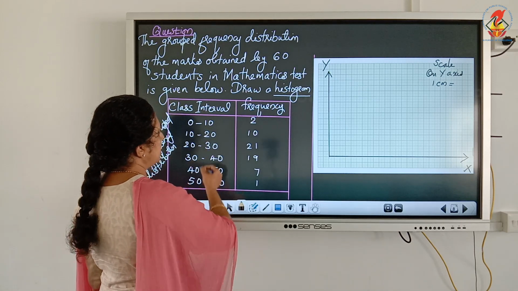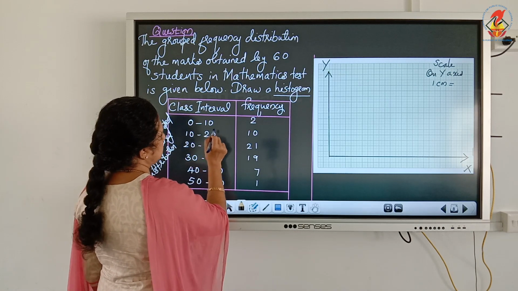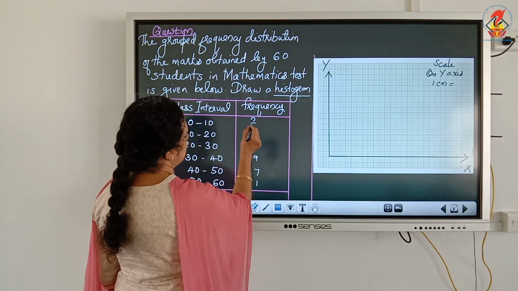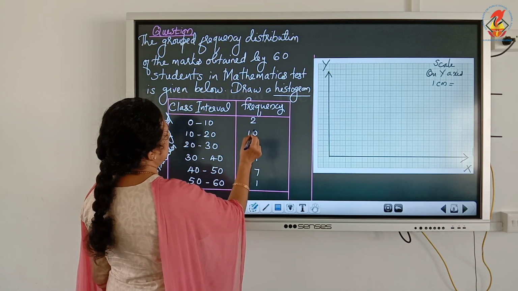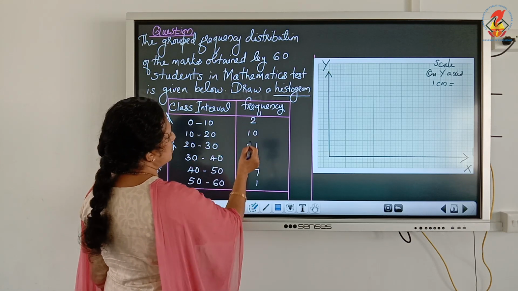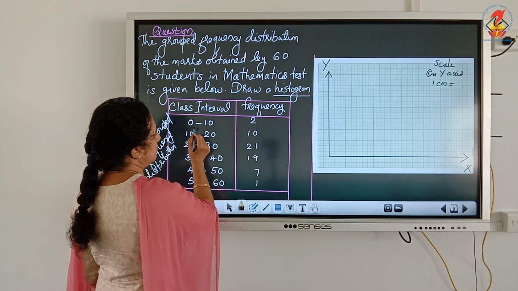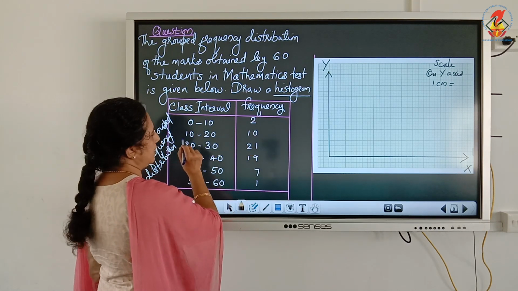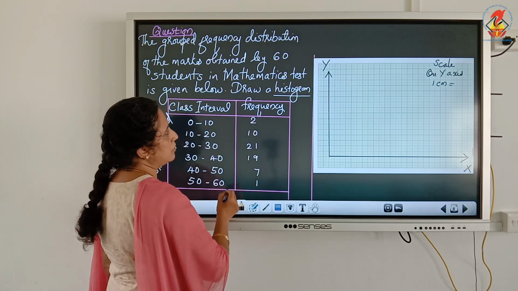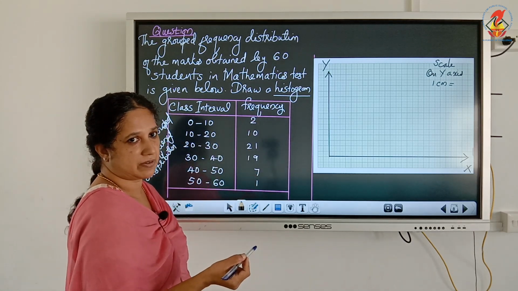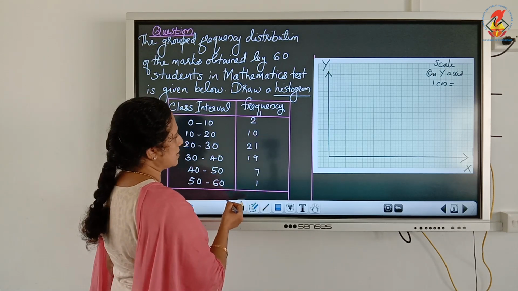The marks are divided into different groups and the corresponding values are given as the frequency, for 60 students in a mathematics test. Frequency here means the number of students. How many students got marks between 0 and 10, which includes 0? 2 students. So the frequency denotes the number of students.